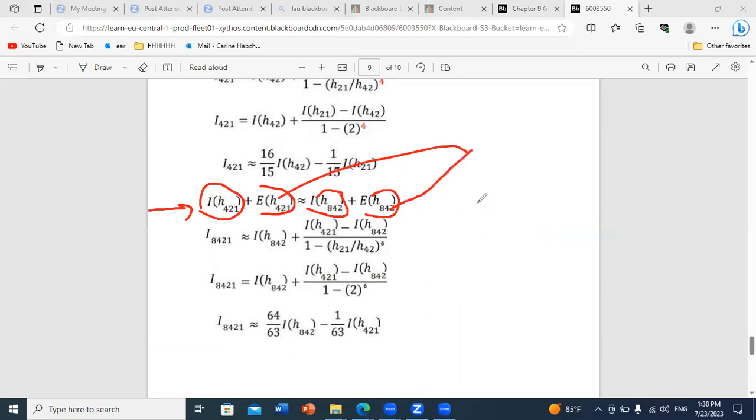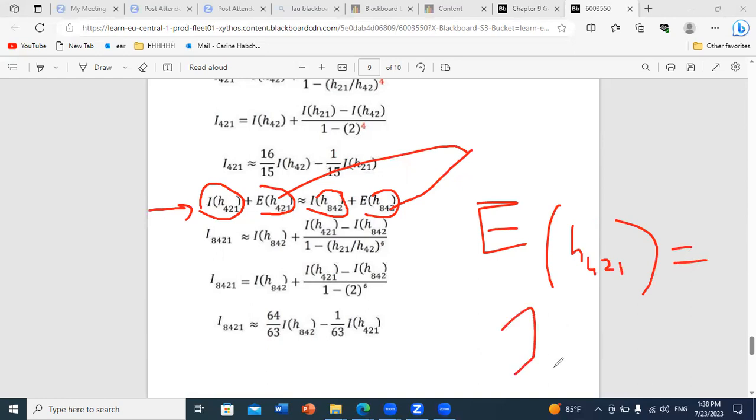So now I can replace the error of H421 by 2 to the power 6 times the error of H842, because I'm doubling the number of segments, and 6 because initially the order is h squared.